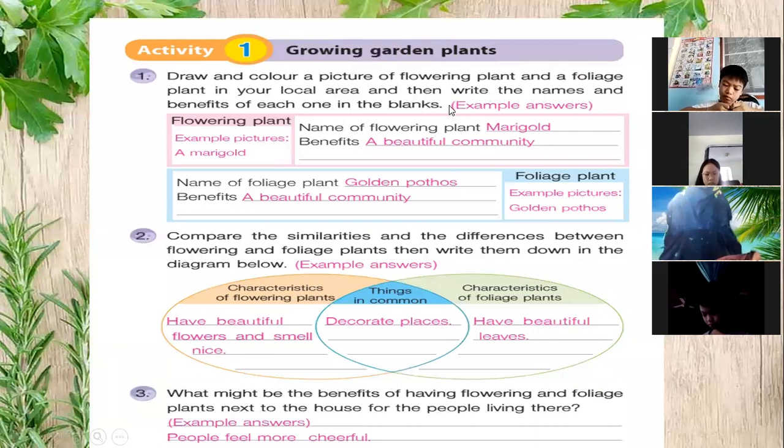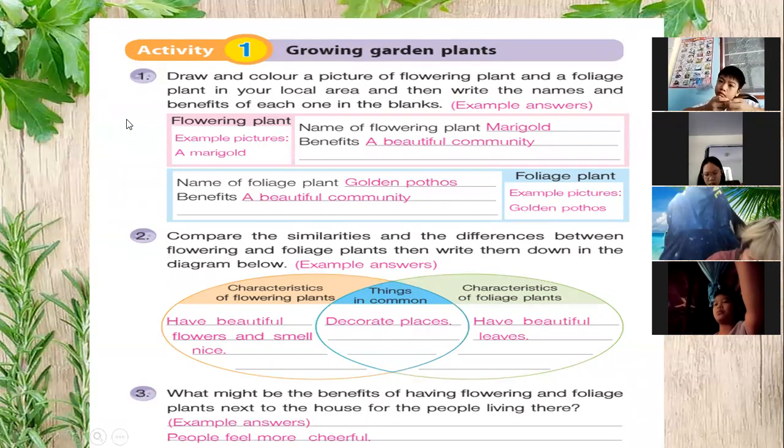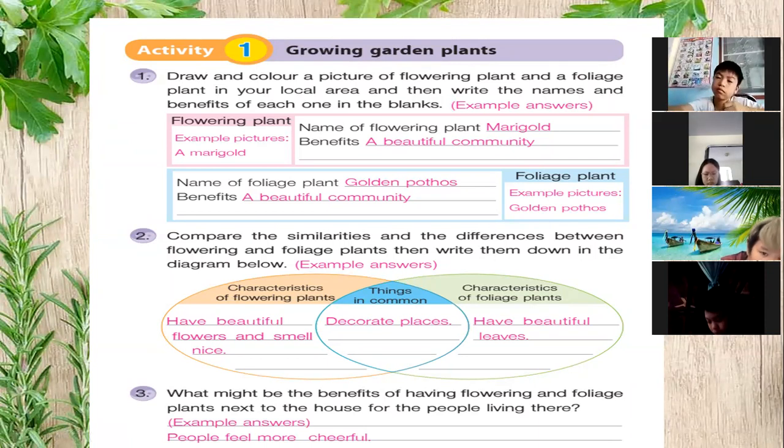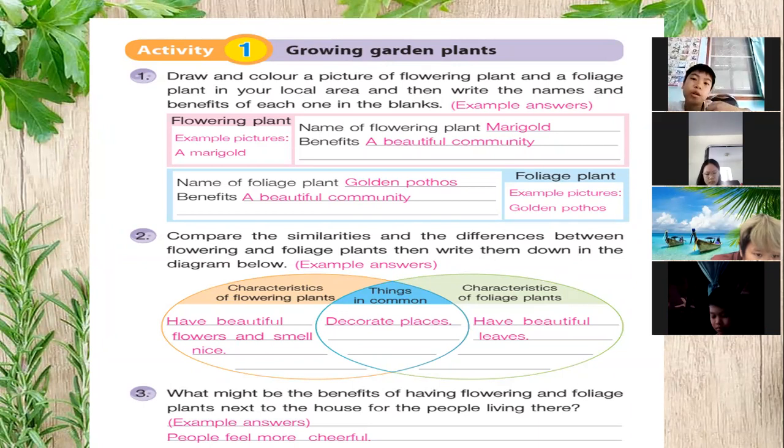Okay, now students, here we're having some activity. The activity, actually, this is just an example. I wrote it for you already, but you have to write down your own answers. So the activity here is growing garden plants. First of all, number 1, draw and color a picture of flowering plants or foliage plants in your local area, and then write the name and benefits of each one in the blank space.